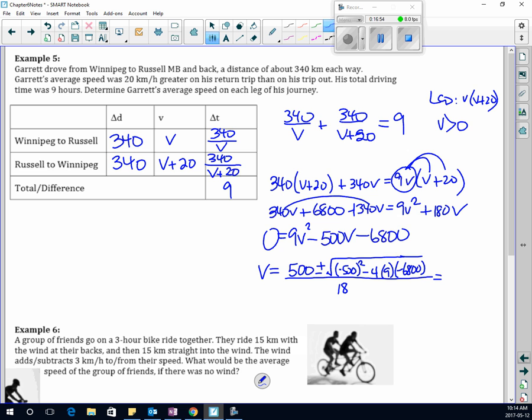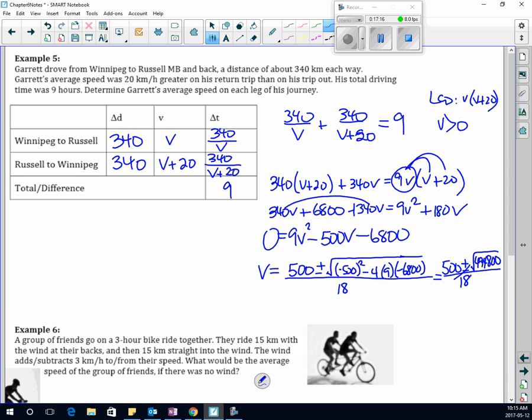So if I combine the stuff that's in the middle, I get 500 plus or minus the square root of 494,800 divided by 18. So when I subtract, I get a bigger negative number, so I will reject the negative. And let's punch this in.